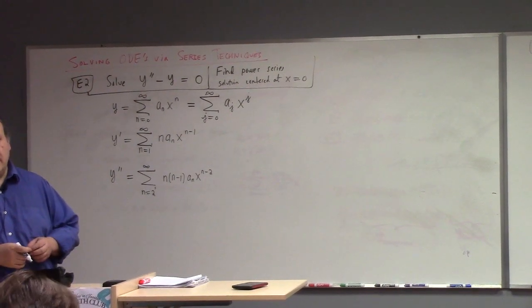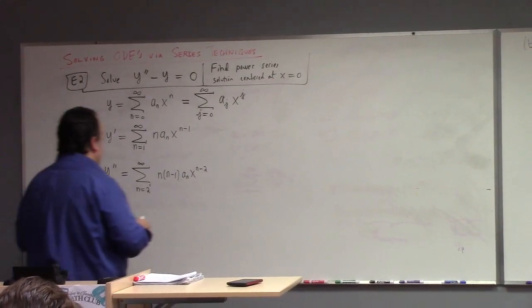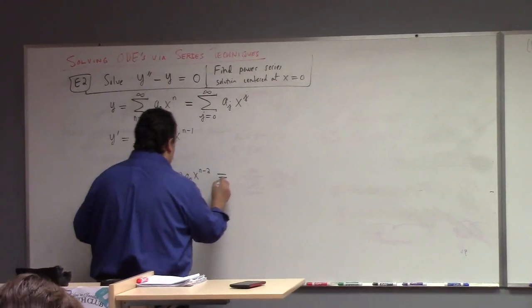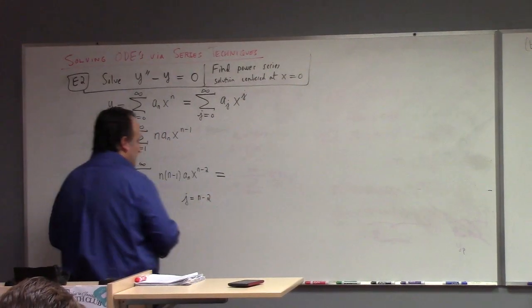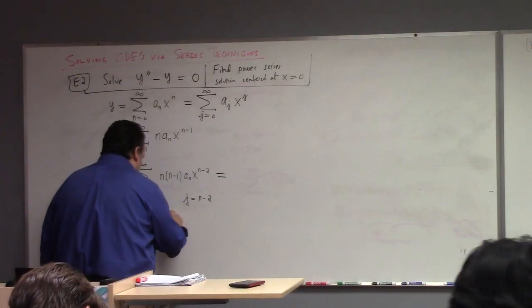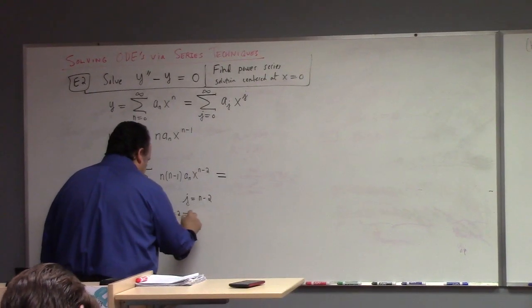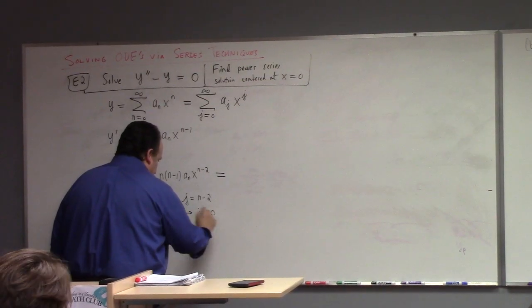It's a dummy variable of summation. Now, I'm going to do a less dumb thing down here. I'm going to let j equal n minus 2. If I do that, n equals 2 gives me j equals 0, right?